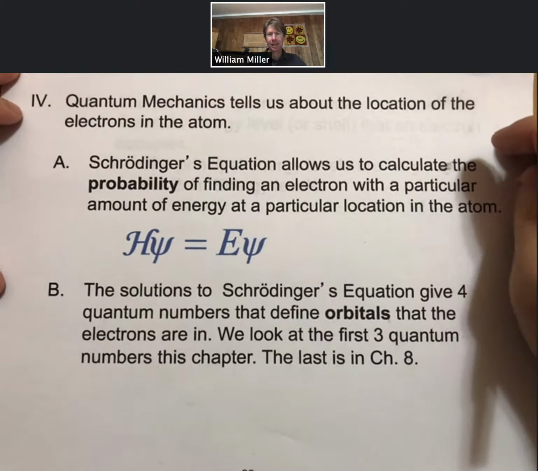And as far as shape goes, the s sublevels and the s orbitals are going to be spheres. And there's a picture of the 1s orbital that is part of the 1s sublevel.